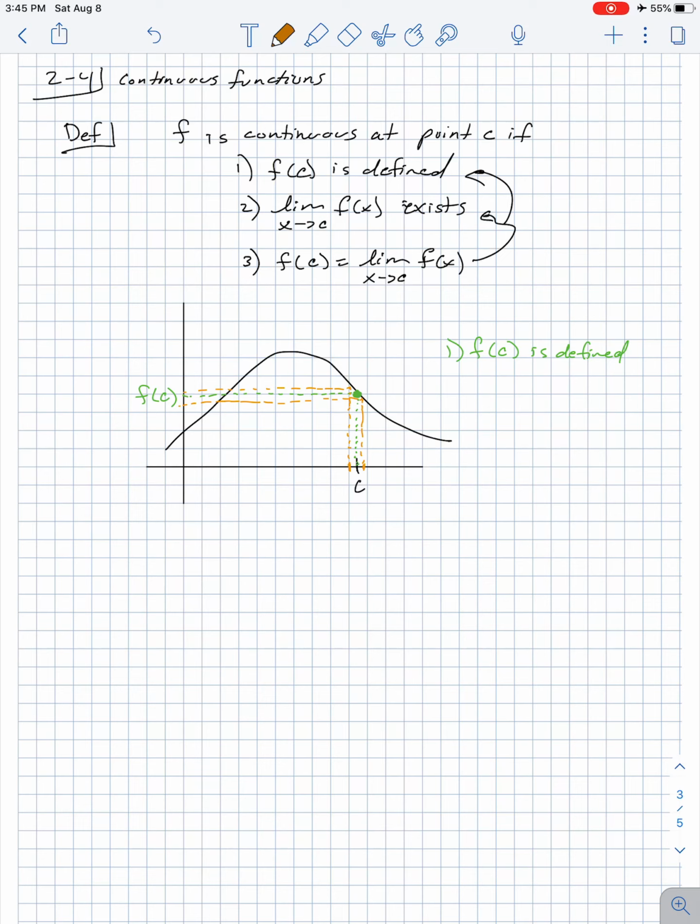Well, it looks like you're close to f of C. And if the left limit and the right limit are close to each other, if they are the same, then that means that the limit exists. So we can say this limit exists.